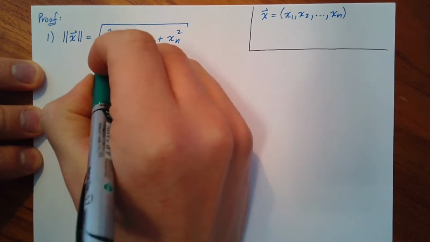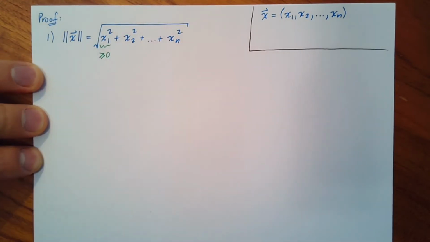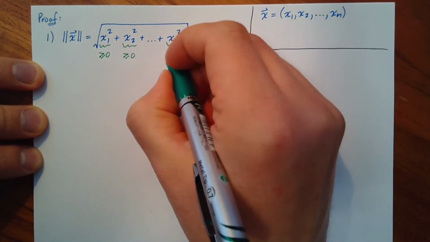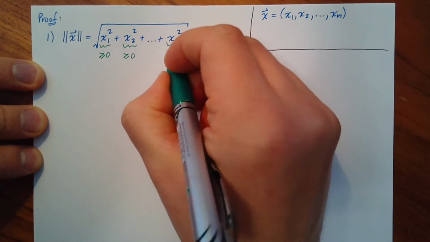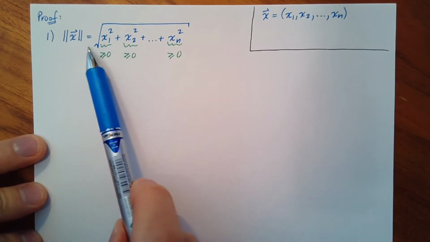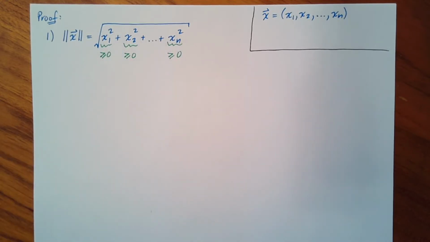x1 squared, that's greater than or equal to 0. x2 squared, that's going to be greater than or equal to 0. And then including the very last term and all the other terms, they're all the squares of real numbers, so they're guaranteed to be greater than or equal to 0. So that's just why we know for sure that this norm formula always gives you a sensible definition.